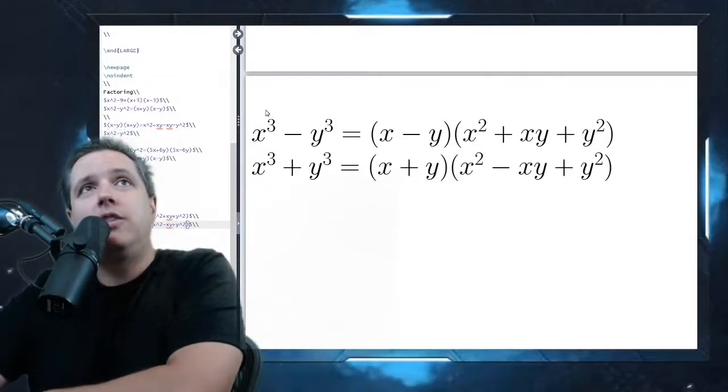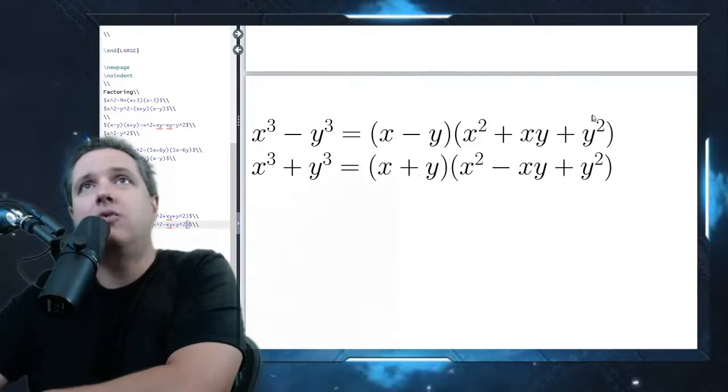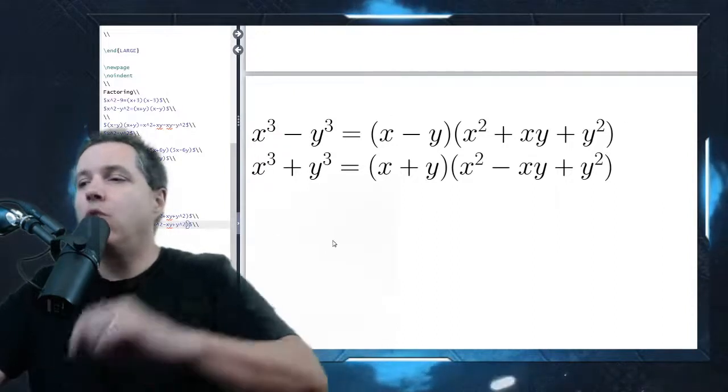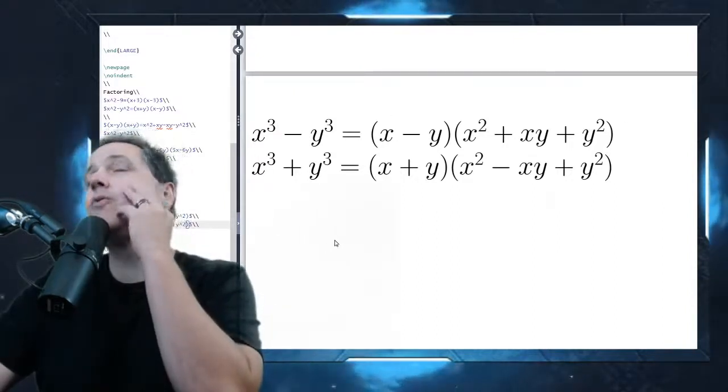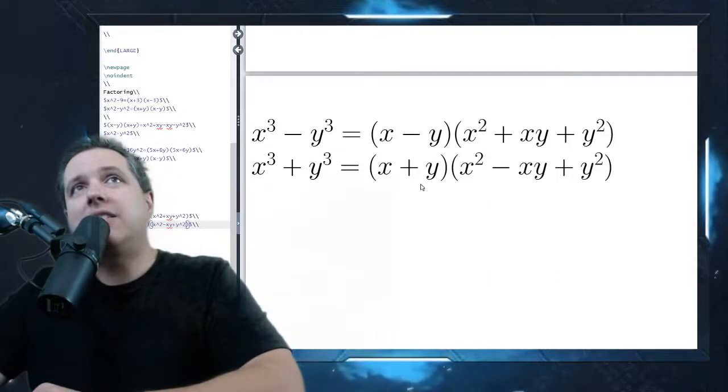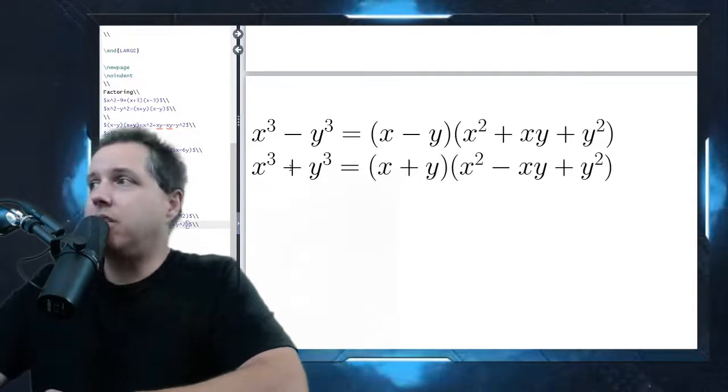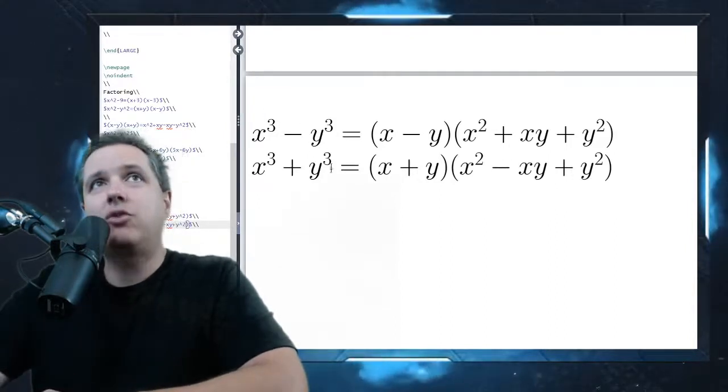So first of all, do you see the pattern's the same? It goes x cubed, y cubed, x, y, x squared, xy, y squared. It's the same overall structure in both of them. What's the only difference between these two formulas? It's the signs, right? If you look, the signs are sometimes different, but not the actual terms.